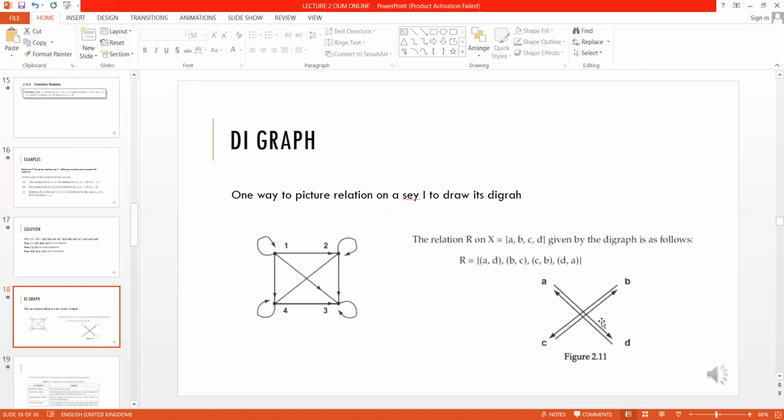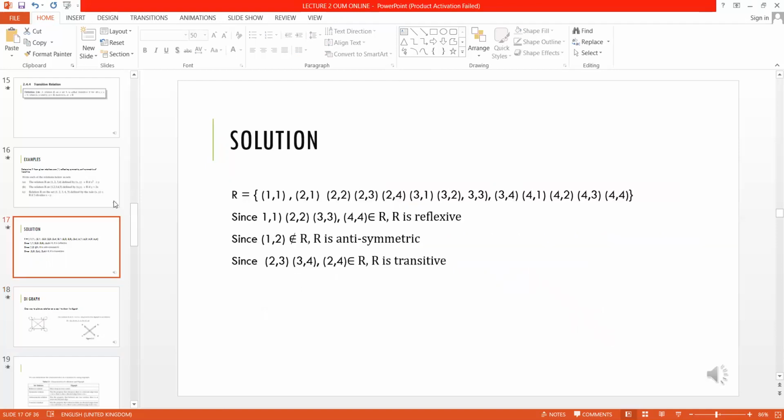Okay, good. And once again, we can also do this analysis using what we refer to as digraphs, directional graphs. So if you're given the sets and you have a relation like we just solved here, let's go and plot the digraph for the previous example.